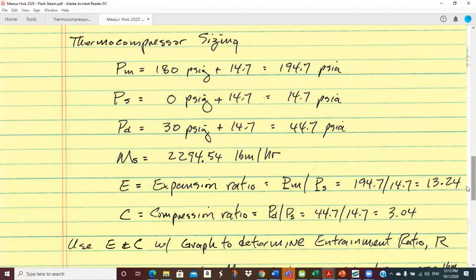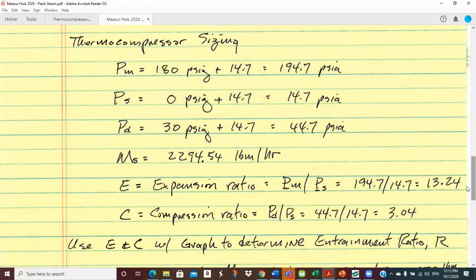But anyway, at 30 psig, it's 44.7. And so that's my suction steam mass flow. That's what's flashing out of that flash tank, is 2,294.5 pounds mass per hour, so pretty close to 2,300.